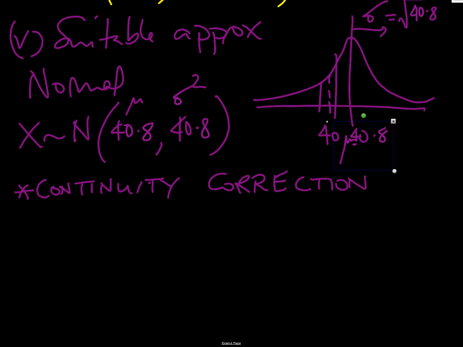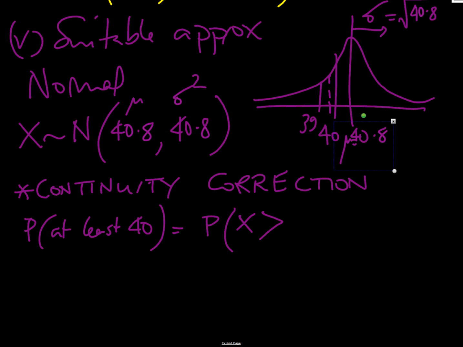The one below 40 is 39, and the area we're interested in is the probability of at least 40. So in normal terms, we'd be looking at the probability that x is greater than the midpoint between 39 and 40, so we're looking at 39.5. We're interested in this area all the way from 39.5.